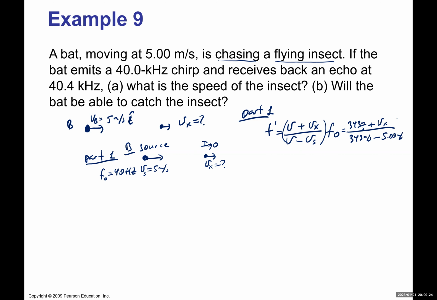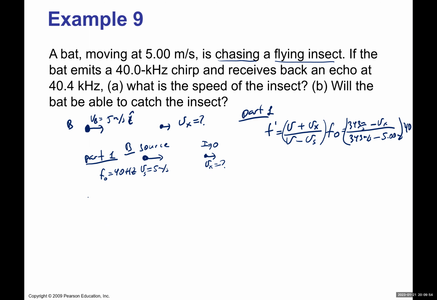Another thing I know, following the previous few examples, is that the insect is moving away from the bat, so I can put Vx as negative. I don't know the value, but it will be minus some number. And this is all times 40 hertz.